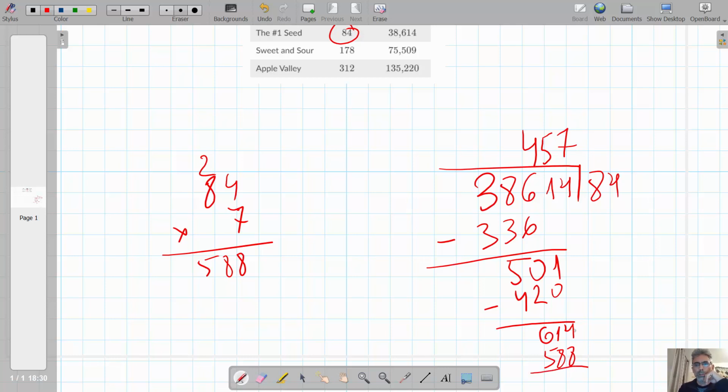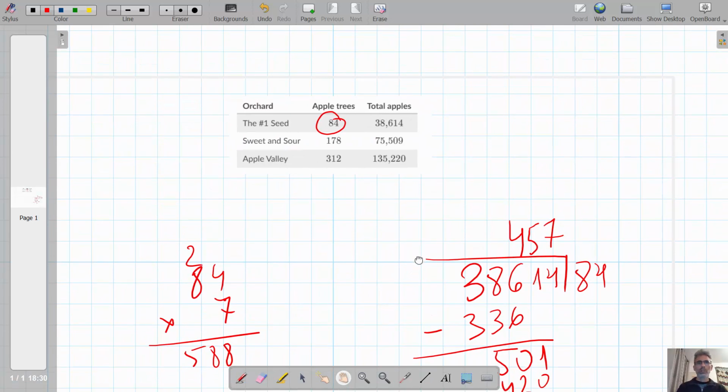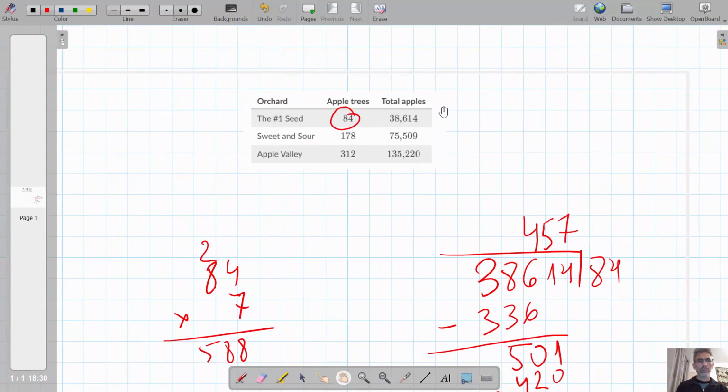Okay, so we're left with some remainder. So here the ratio is about 457 apples to 1 tree.